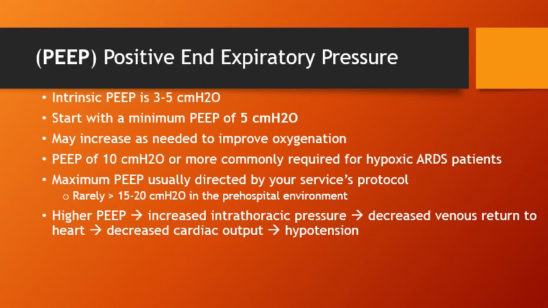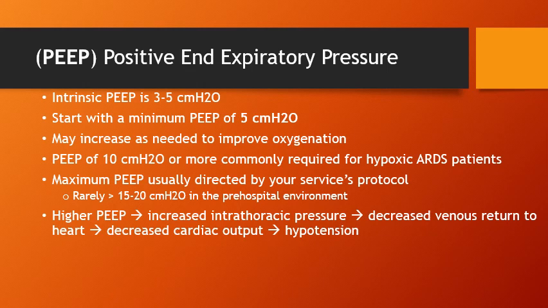Something really important to remember is that increasing the PEEP has other effects on the body aside from increasing oxygenation. And we can relate this to the damage we can do with a bag valve mask, as well as what we have to worry about when we put a patient on CPAP.